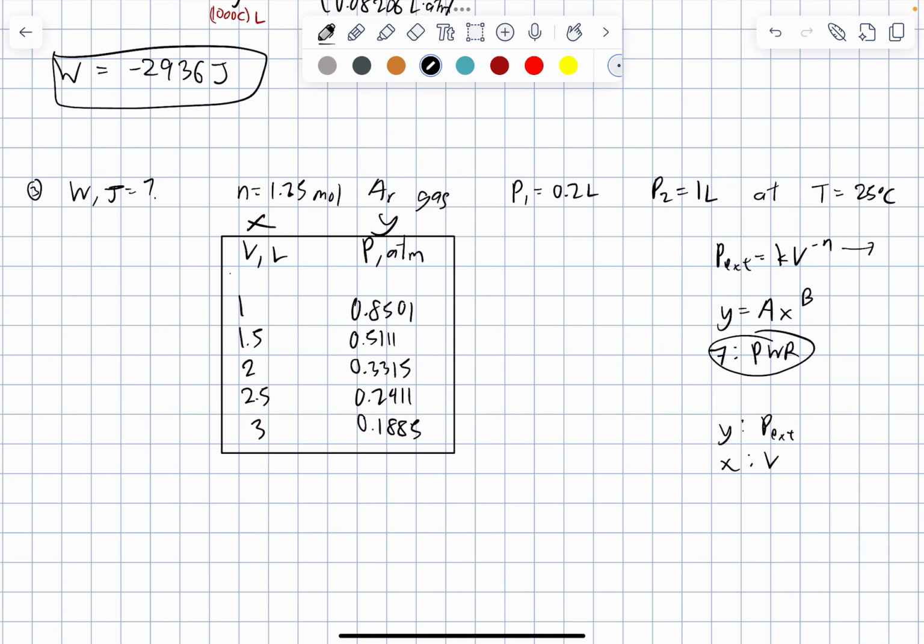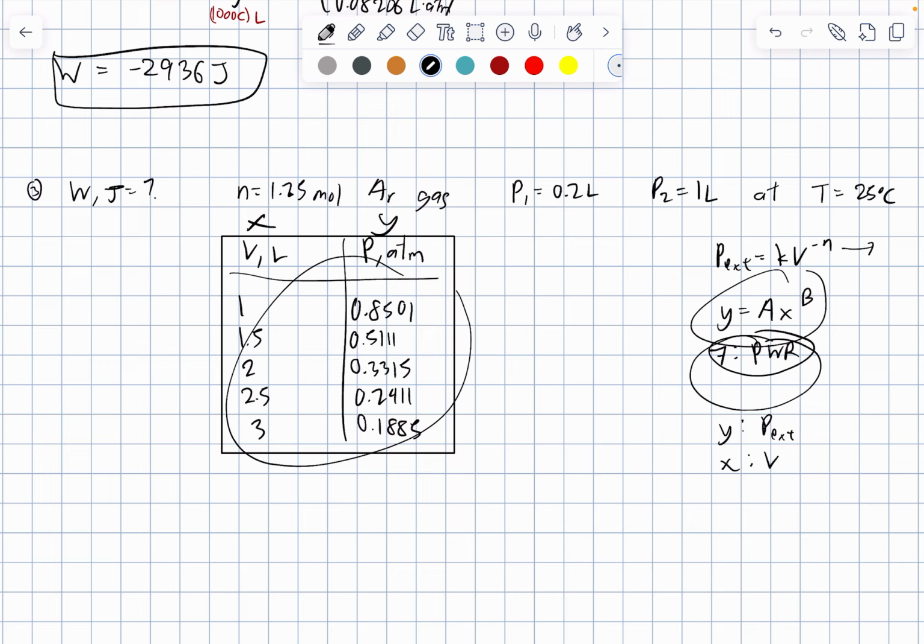Plot them in the calculator, go to menu setup, to stat, and then look for this one, the y equal to ax raised to b. And then input these values. 1, 1.5, 2, 2.5, 3. 0.8501, 0.5111, 0.3315, 0.2411, 0.1885.